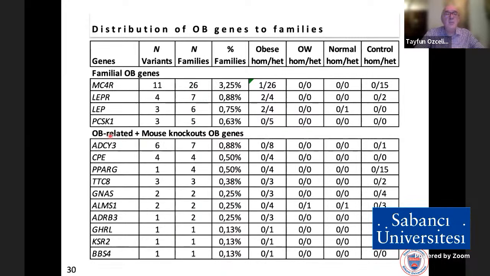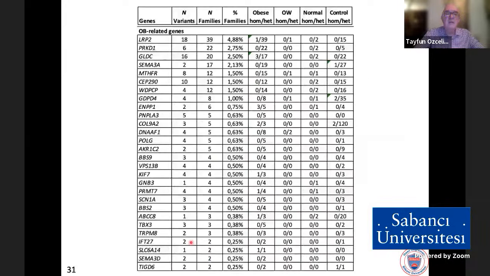The OB-related and mouse knockout OB genes, here are the names of these genes like ADCY3 and CPE and PPAR gamma and so on. We have so many variants, and so many families are implicated.